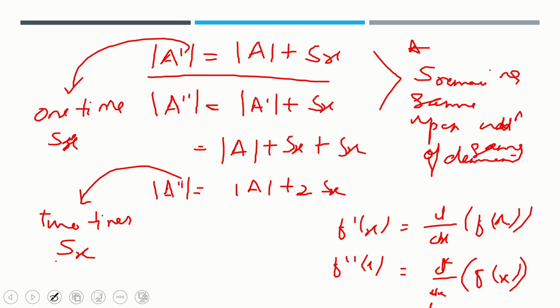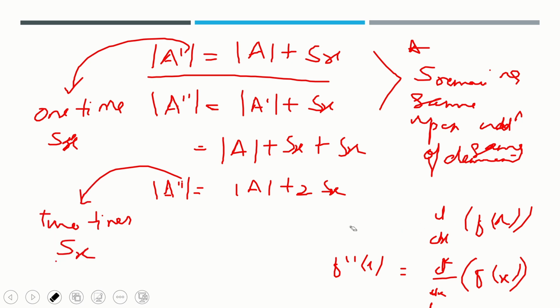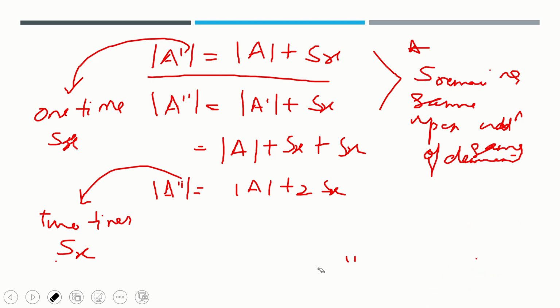You okay? So likewise here, in the case of element addition in a matrix, this represents how many number of times sx has been added.